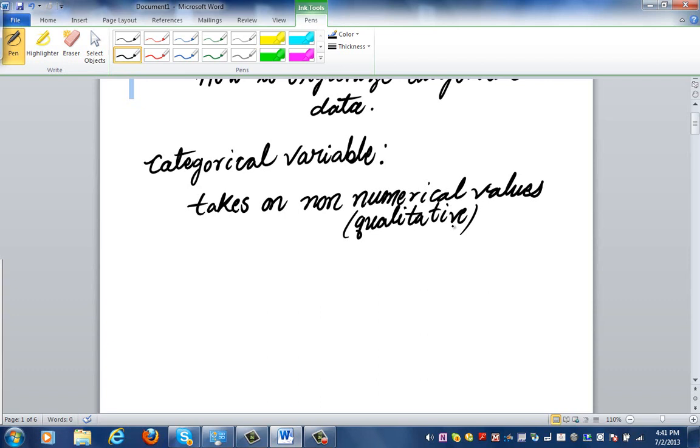So that is the characteristic of the population that we are interested in: a qualitative trait.